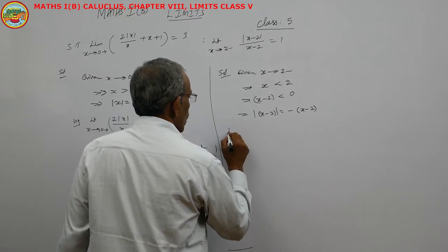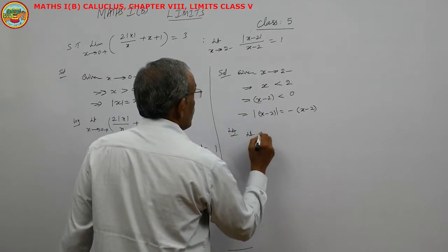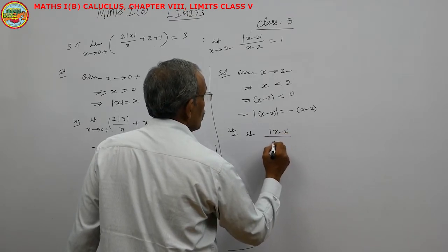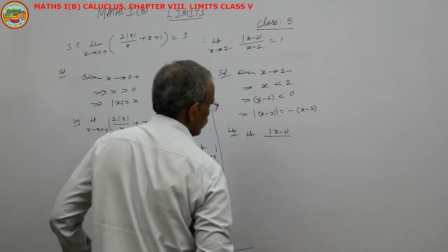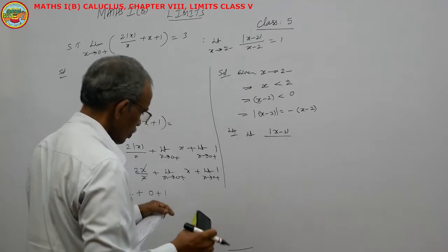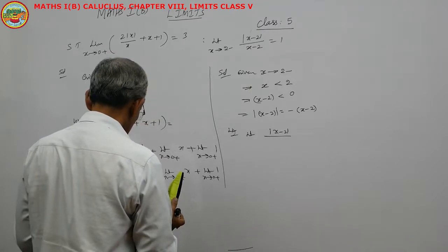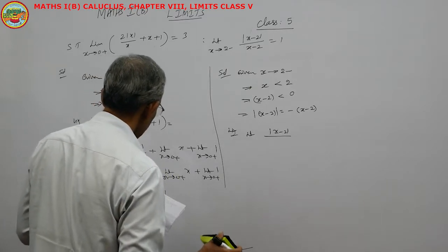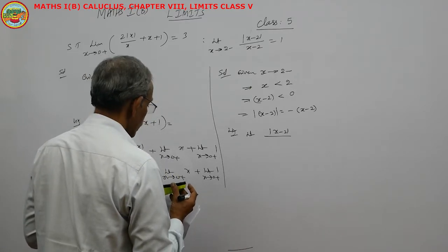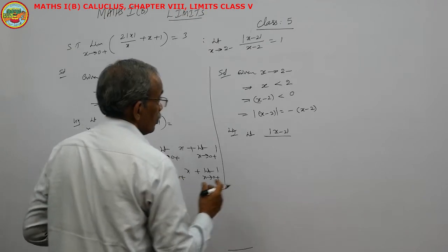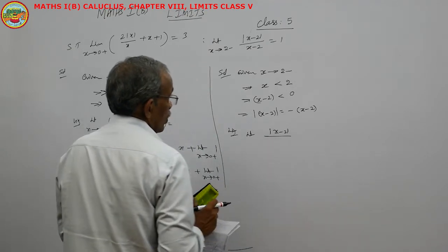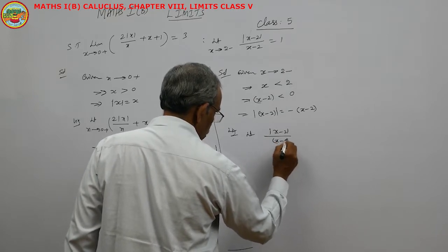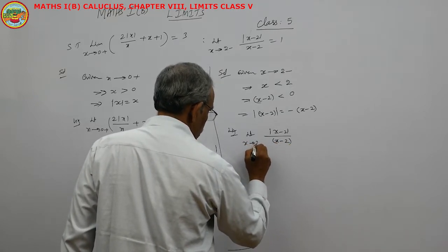So LHS is the limit of modulus of x minus 2 by x minus 2 as x tends to 2 minus.